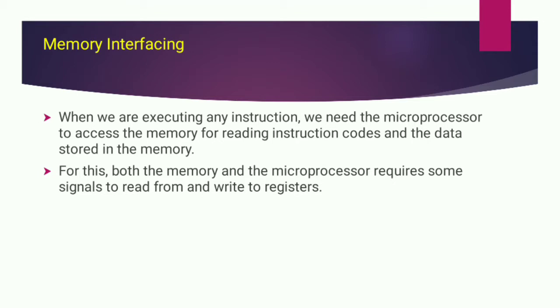Memory requires some signals to read from and write to a register. Similarly, the microprocessor transmits some signals for reading or writing data. The interfacing between the microprocessor and the memory devices by connecting the data and address bus is called memory interfacing.